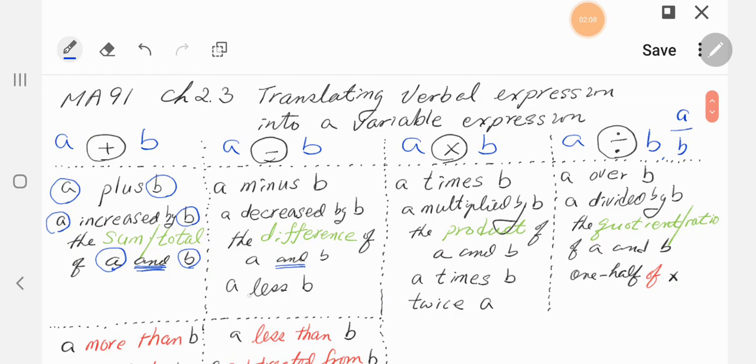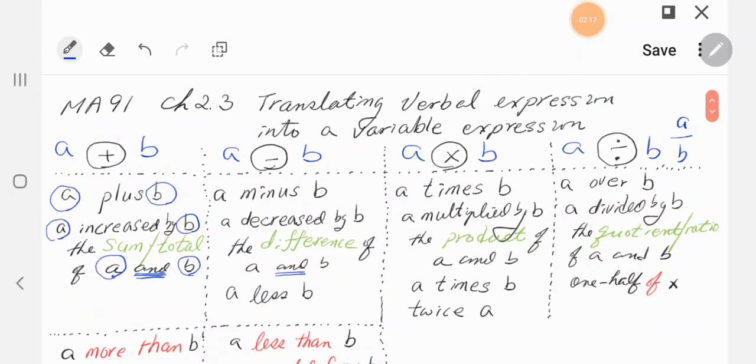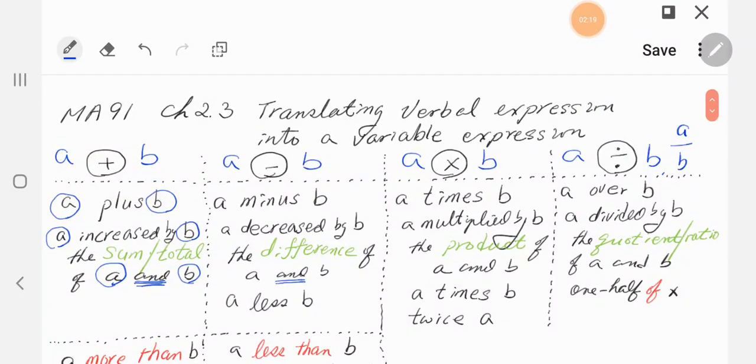A less b, same thing. A less b means a minus b. Note, a less b is different from a less than b. I will explain less than or more than later. Now a comes first, b comes later. The first number comes first, always in this case.